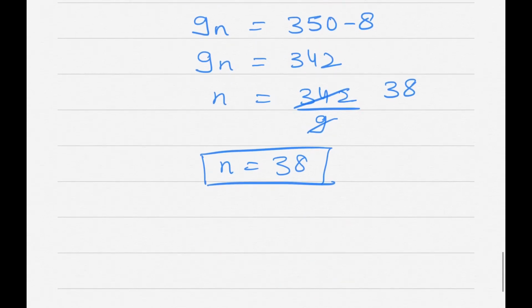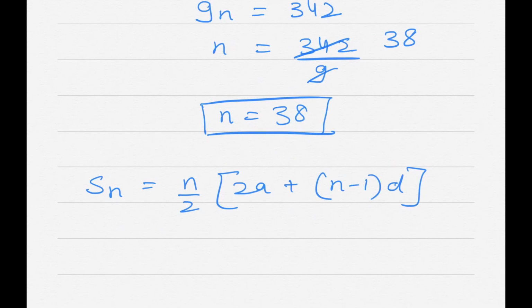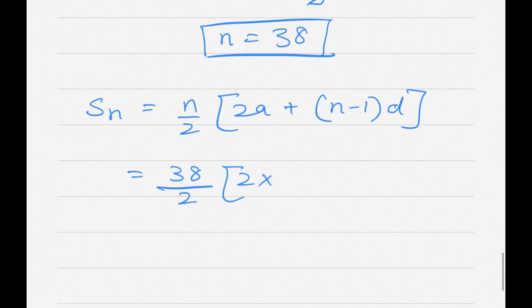Now I have to find the sum of n terms. So Sn is n by 2 into 2a plus n minus 1 into d. Okay, n is given to us, Sn I have to find out. n is 38 by 2 and 2 into my a is 17 and d is 9.